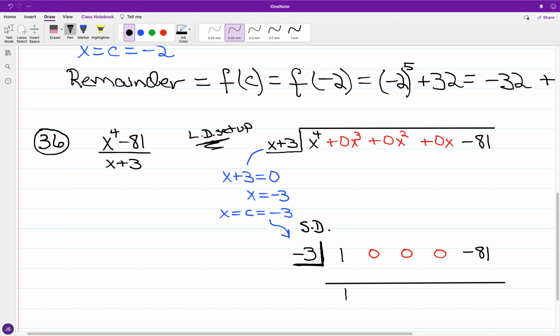Okay, so bring down 1. Then we have -3 times 1 is -3. 0 plus -3 is -3.